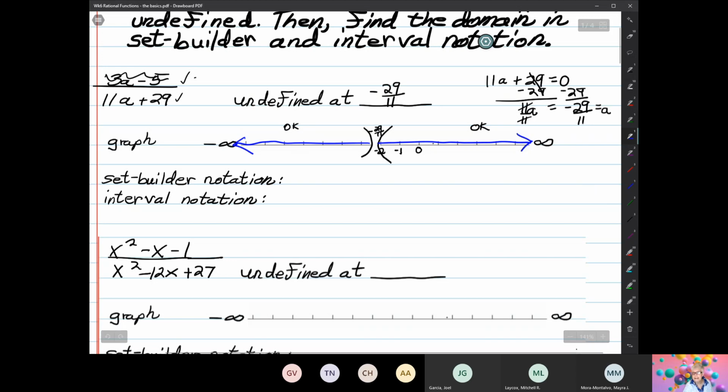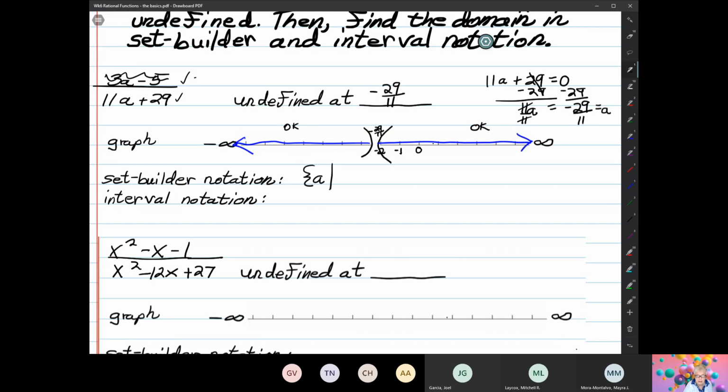Let's write this in set builder notation. So we're going to make a brace, and the letter we're using is A, not X. So I'm going to write A and then bar, which means such that, but you don't have to know that.